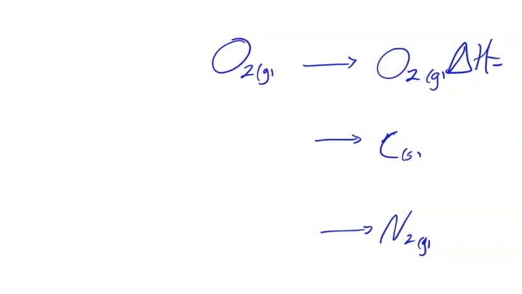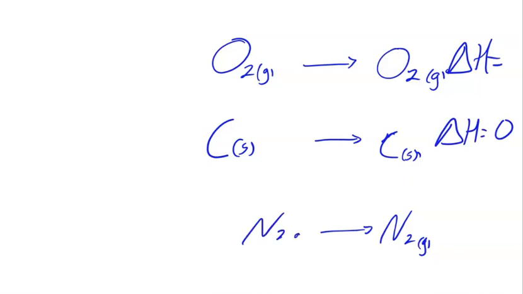The answer is 0 because it is an elemental form. What about solid carbon from solid carbon? The answer is it's going to be 0. And nitrogen from nitrogen, and of course the delta H will be 0. So they won't give you delta H's for elemental forms, which is no problem. You just have to recognize that you don't need it.